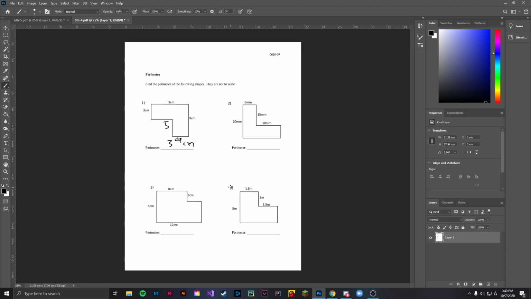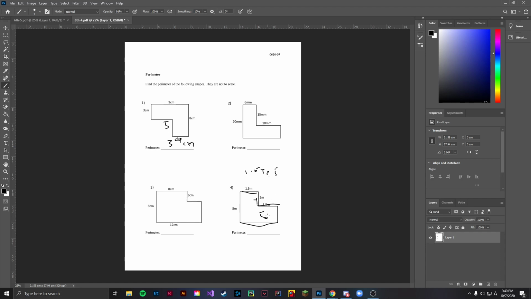Alright, this one's kind of different. Number 4. So this is gonna be 1.5 and this is gonna be 3.5. This is gonna be 1.5, 3.5. So these two are going to equal this thing. So 1.5 plus 3.5 is going to be 5.